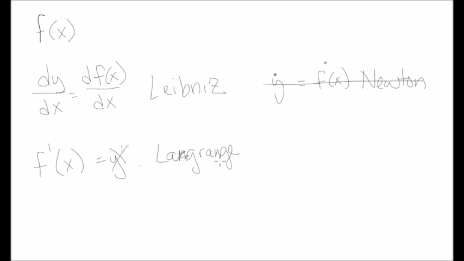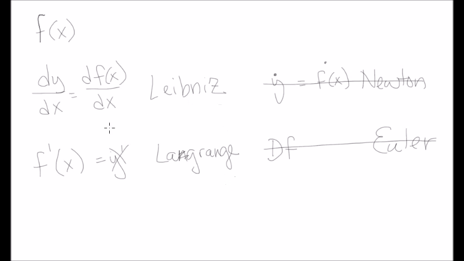Lagrange is just a mathematician who used this particular notation. Euler, spelled like that, came up with his own notation, which is to use a capital D in front of the f. And just like Newton's notation, in Harris classes, you're unlikely to see that.